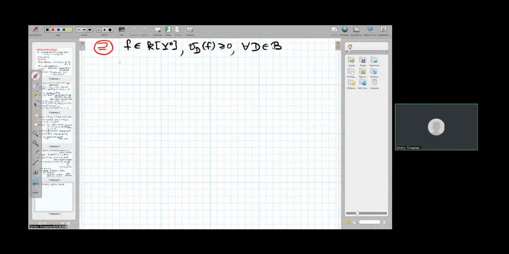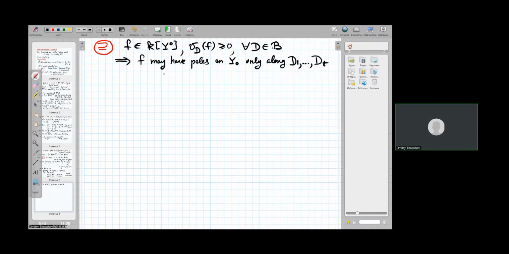Then this function f may have poles on my spherical homogeneous space Y_0 only along the divisors, the colors in the complement of B, only along these colors D_1, etc., D_t.